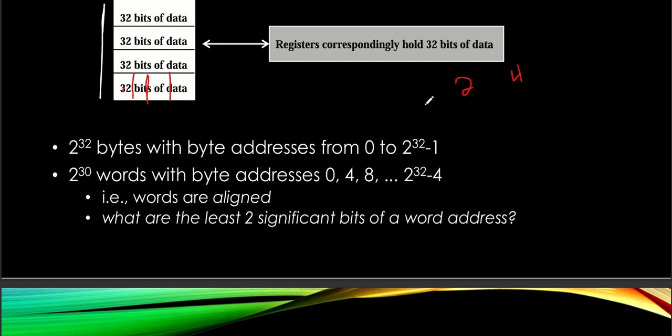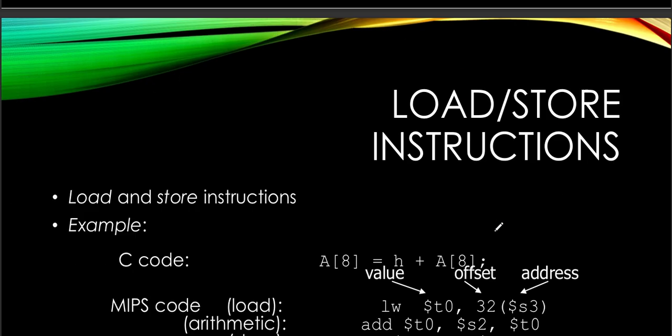But you can access byte 2, byte 1, byte 0, byte 4. As for the byte, you can access any number. But as for the word, because MIPS is word aligned, you cannot access something which is not a multiple of 4. It's more of a technical detail, so we may view more of it later.